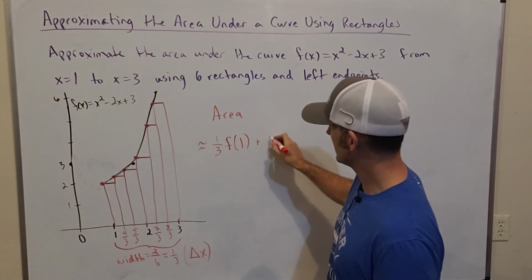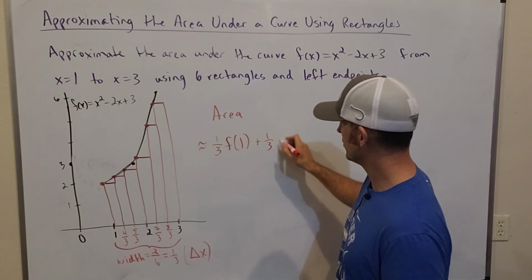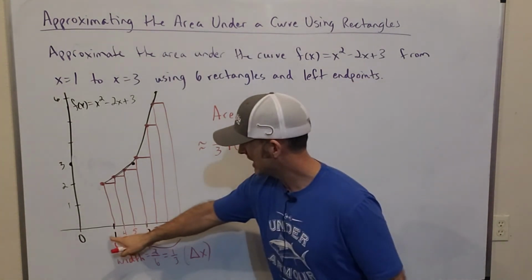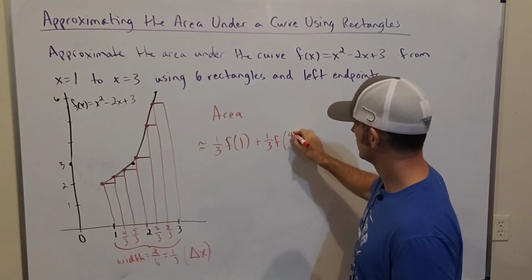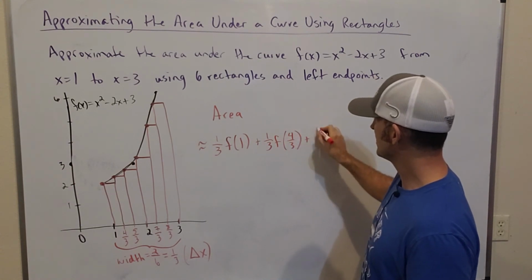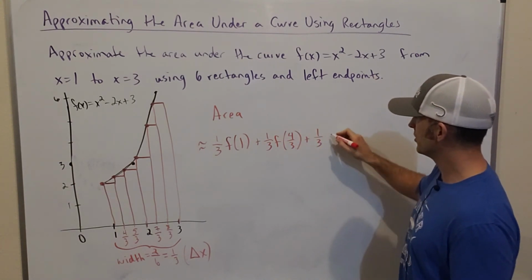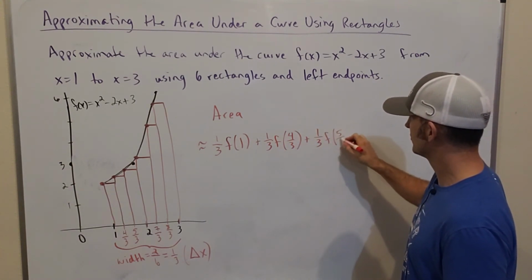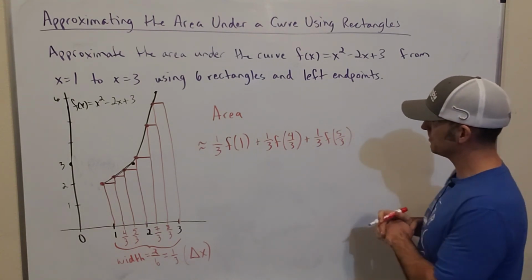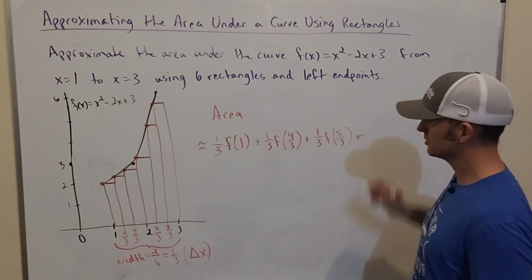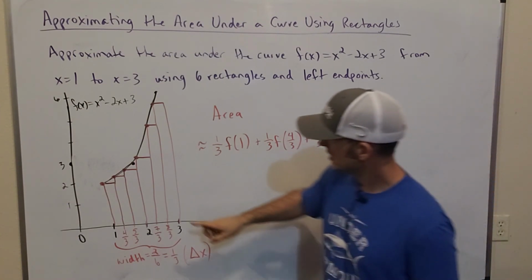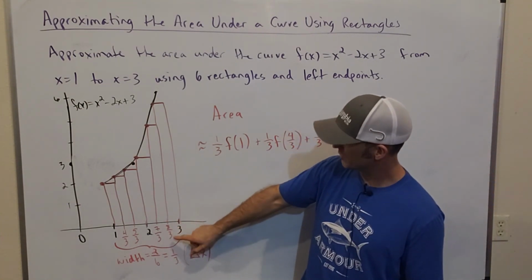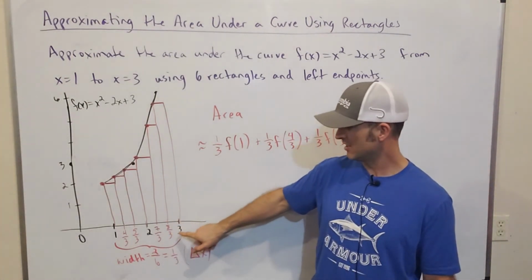Then my second rectangle is going to be the base 1/3 times the height at 4/3. And then I just continue: the base 1/3 times the height at 5/3. And I keep going, right? Let's go ahead and write all of them. There's only 6. Notice that my last height is going to be measured at 8/3, not at 3.